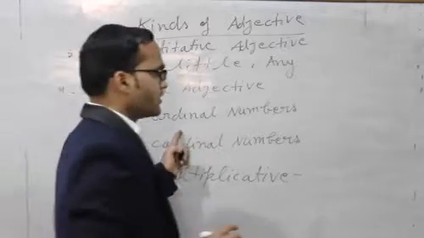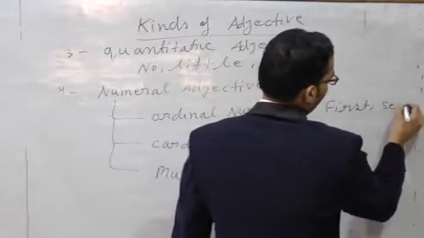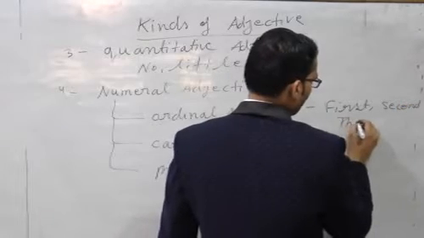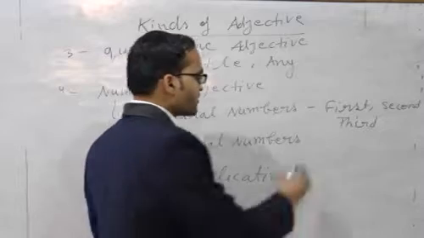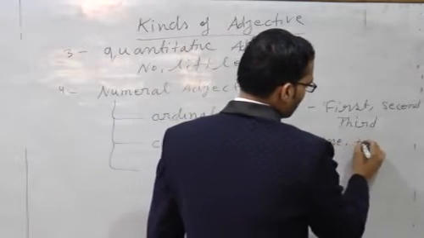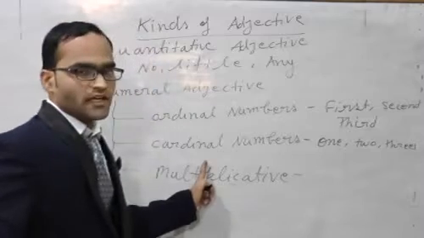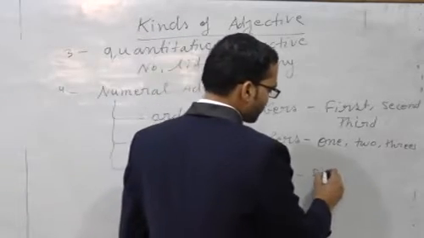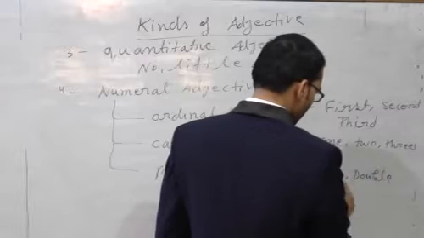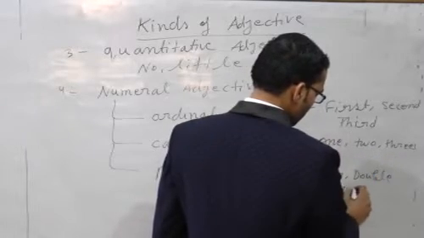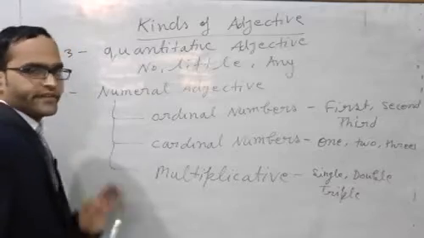So ordinal numbers, dear child, first, second and third, these are all ordinal numbers. The cardinal numbers, 1, 2, 3, these are all cardinal numbers. And multiplicative, single, double and triple. These are all multiplicative. Note it down.